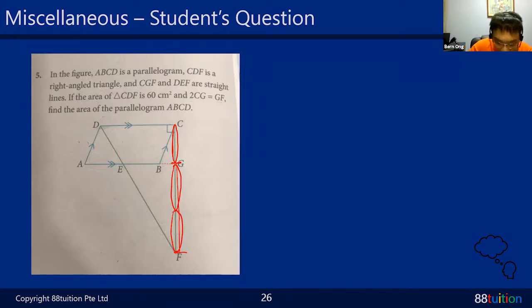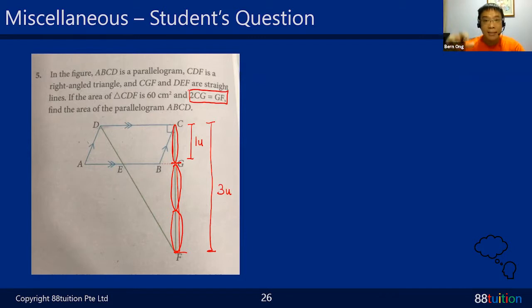Can you see? So if I call this portion 1 unit, this entire thing will be 3 units. Is that true? So that is the meaning of 2CG is equal to GF. Inside GF, there are two pieces of length CG. So this portion, you have to understand that.